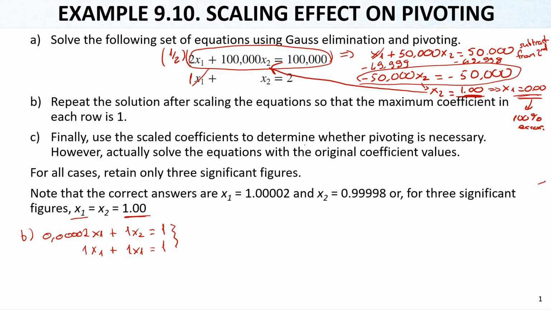You can see that for the first unknowns, the largest is here. We will have this as the first equation, then switch these, pivoting. Then 1 x1 plus 1 x2 equals 1, and 0.00002 x1 plus 1 x2 equals 1.